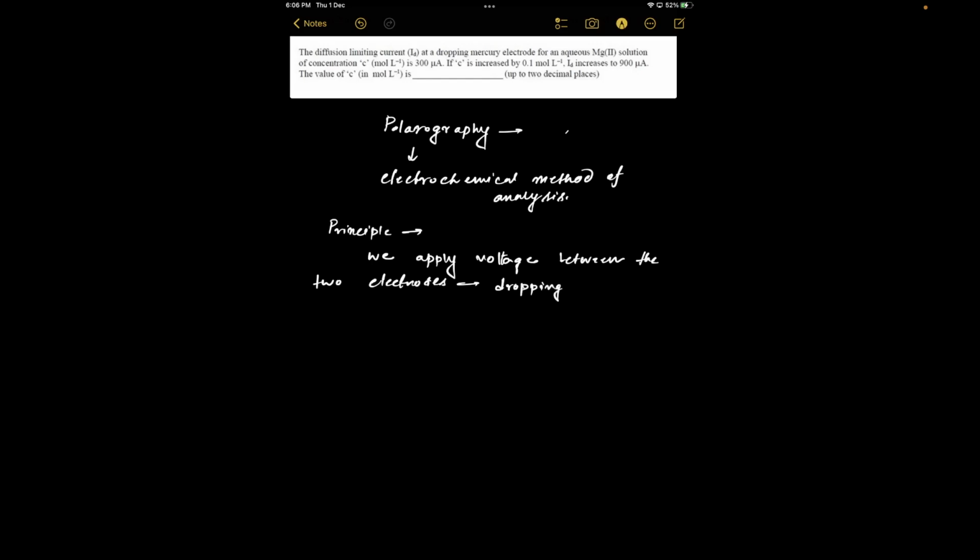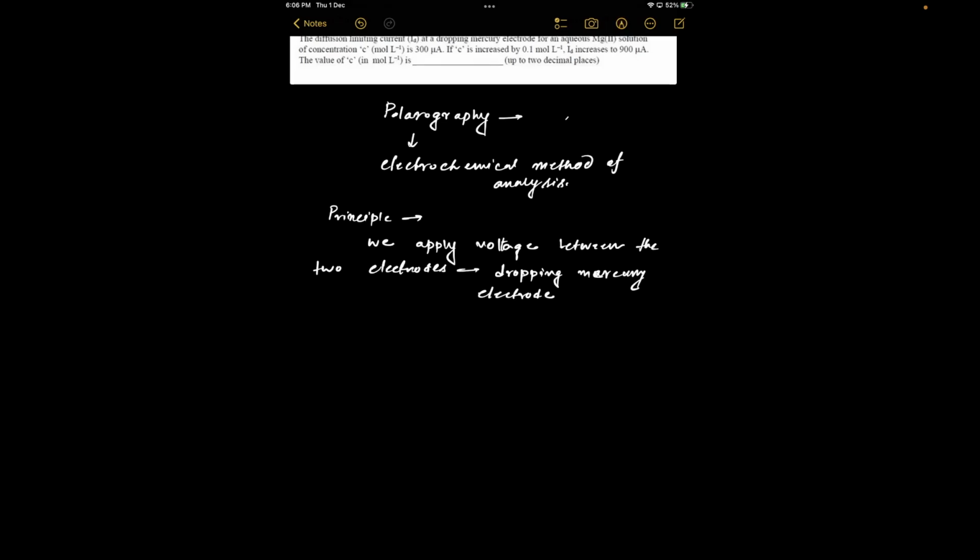I will explain the term here, dropping mercury electrode, and another is a kind of standard electrode. So why dropping mercury electrode?